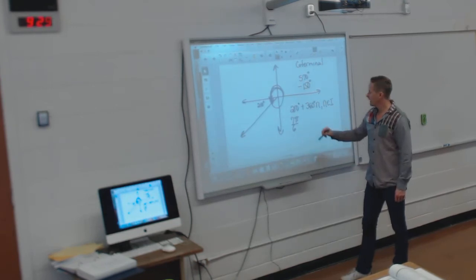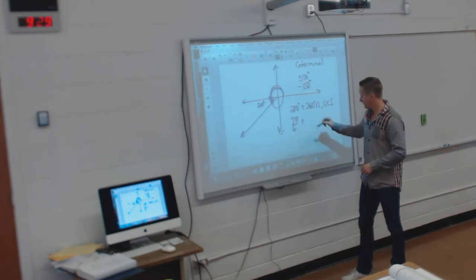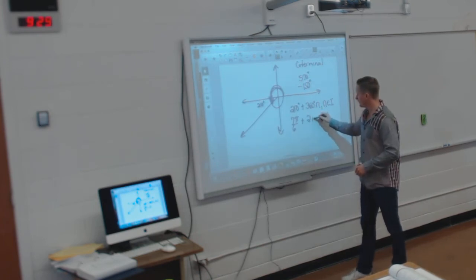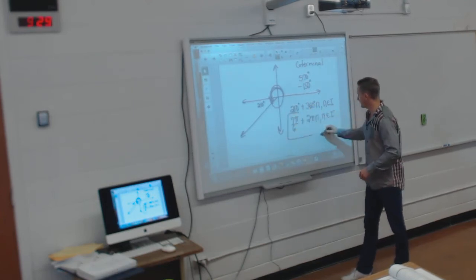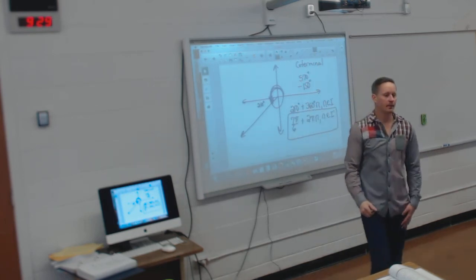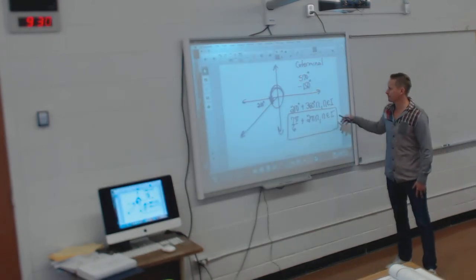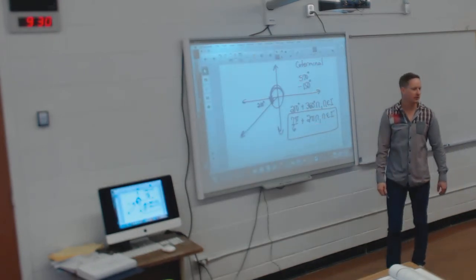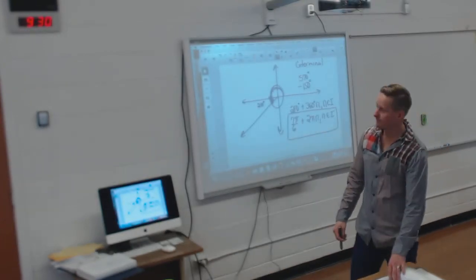Okay? Now, how do I represent 360 degrees in radian measure? This is hugely important to us because any graphing we do, we have to write that notation out. Okay? So that's that.